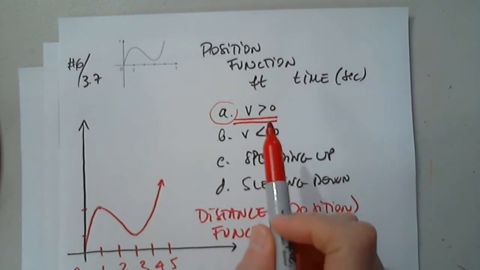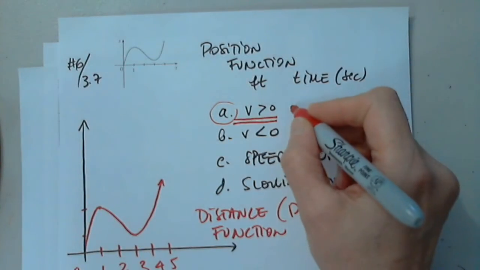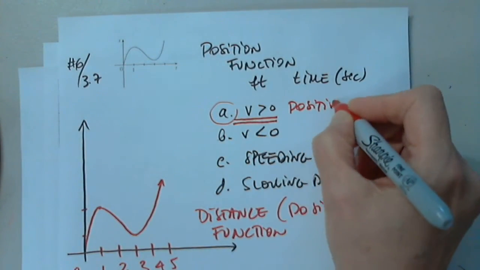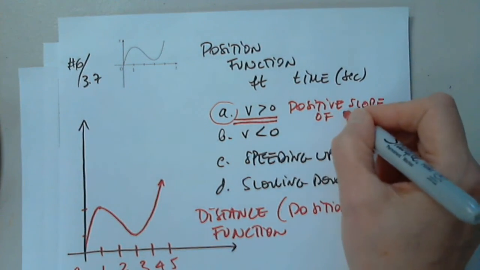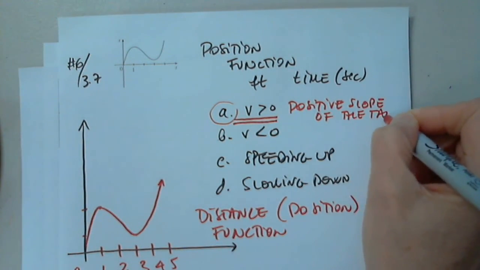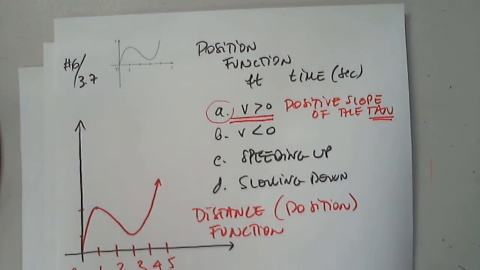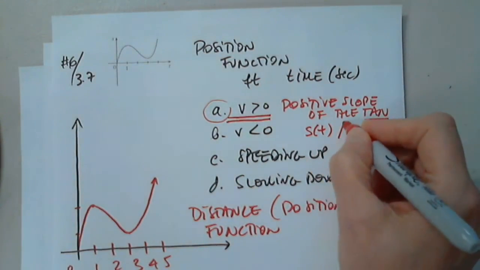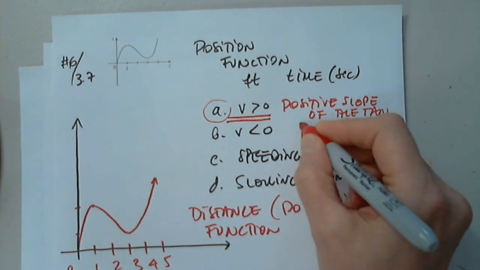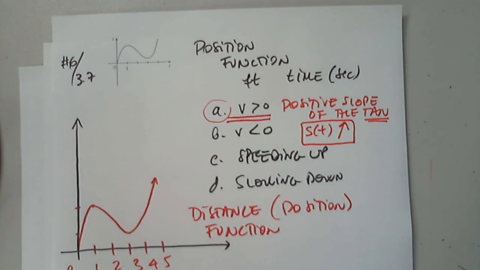Well, positive velocity means positive slope of the tangent. In other words, s of t is increasing. Okay, so let's take a look.